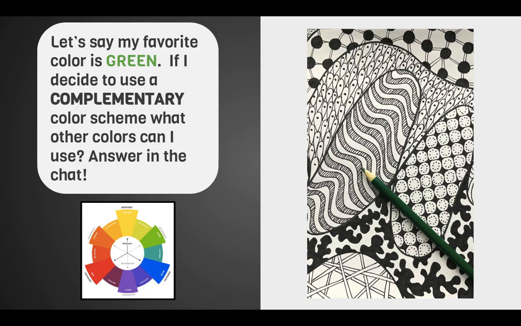So let's say my favorite color is green. If I know I want to start coloring with green, I need to choose a color scheme that includes green. If I decide to use a complementary color scheme that starts with green, what other colors can I use?